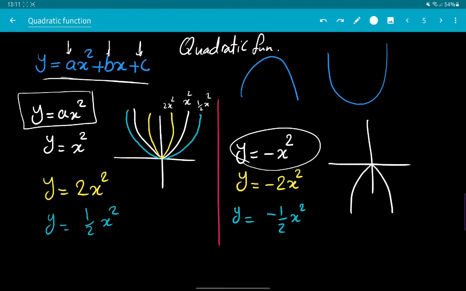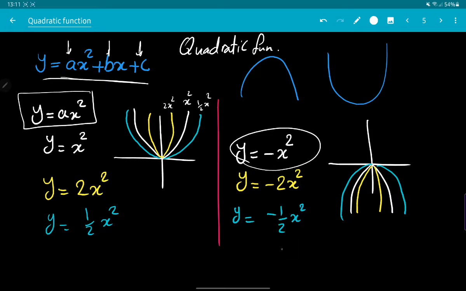It opens downwards. But since 2 is bigger than 1, and negative tells you only the direction, it should be narrower than the parent function. Then the third one is wider than the parent function because it's half.